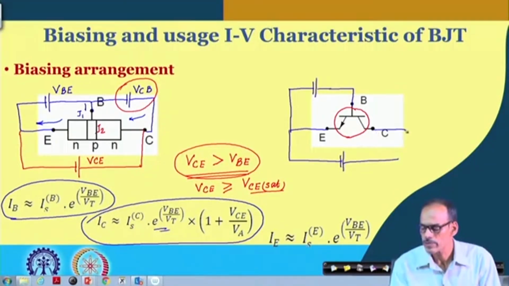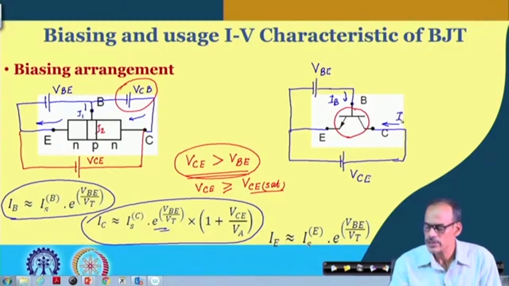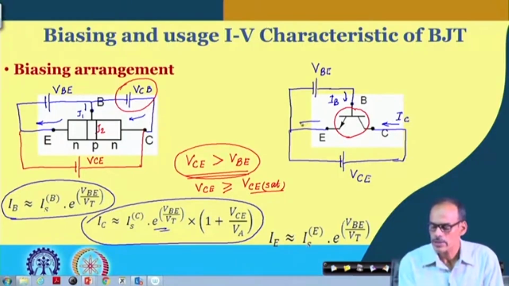So, we are biasing the circuit like this. We have VCE here and VBE here, the base current entering into the base of the transistor, the collector current entering the device through the collector terminal, and the emitter current departing the device through the emitter terminal.